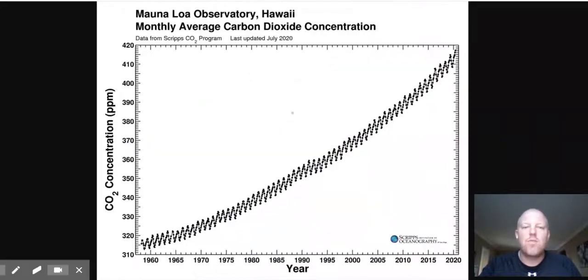The second type of graph we're going to talk about is a line graph or a scatter plot graph. The key thing for a line graph or scatter plot graph is you're looking at two different variables. You should have numbers on both the x and the y axis.